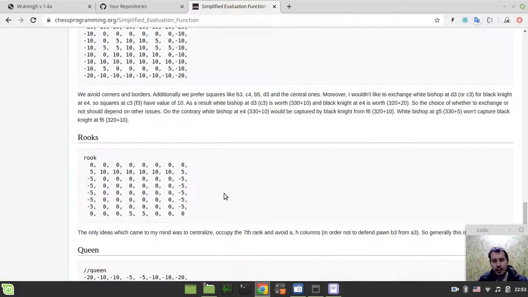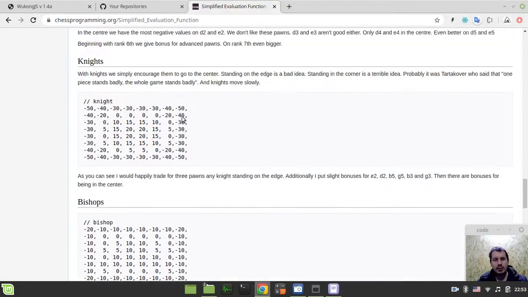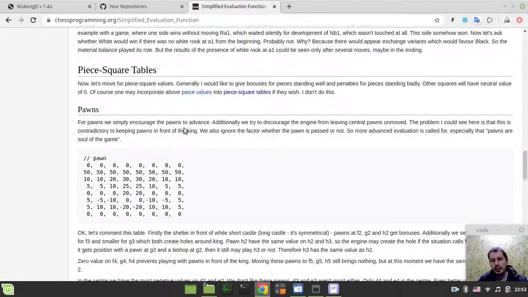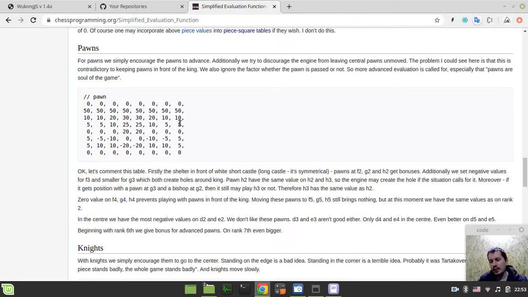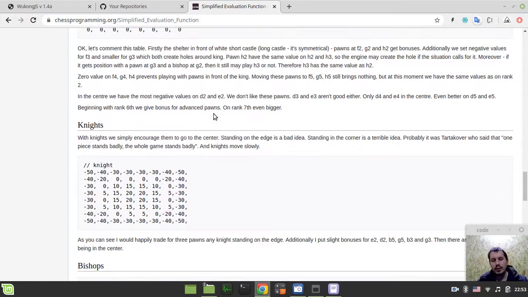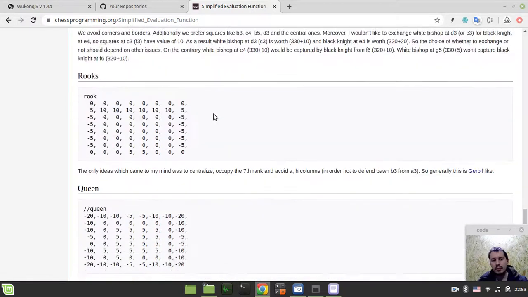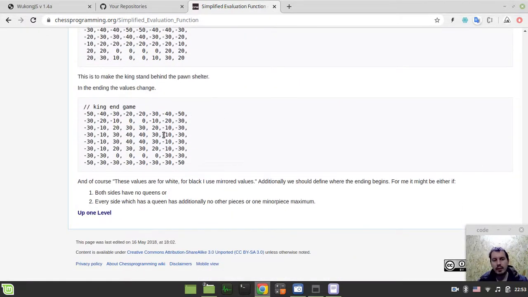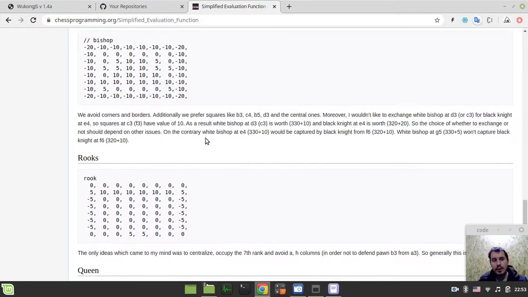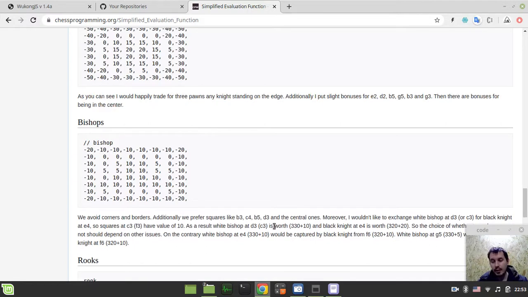You can see that I've used this simplified evaluation by Tomasz Michniewski as the initial pattern to work with, and then applied Texel's tuning to it. But it doesn't actually assume tapered evaluation. Instead, it has only endgame values for the king, and doesn't have endgame values for any other piece-square tables but the king.